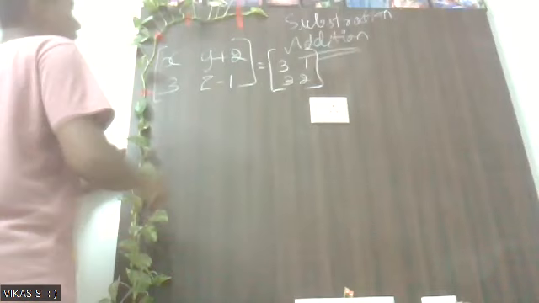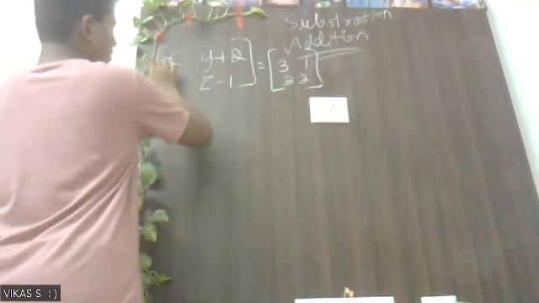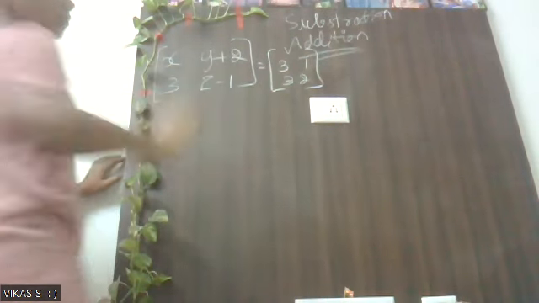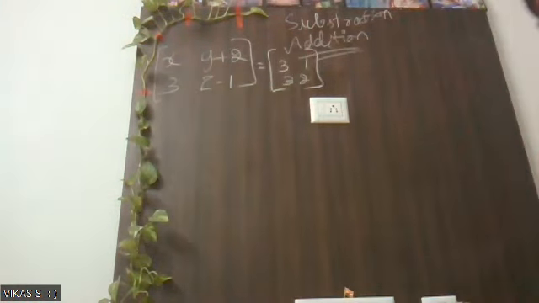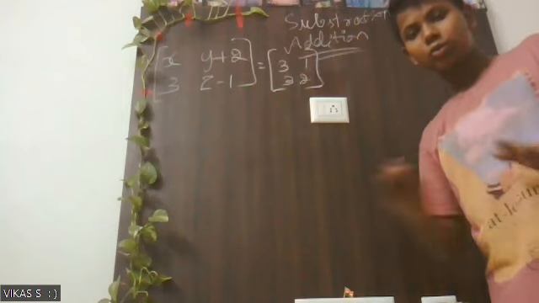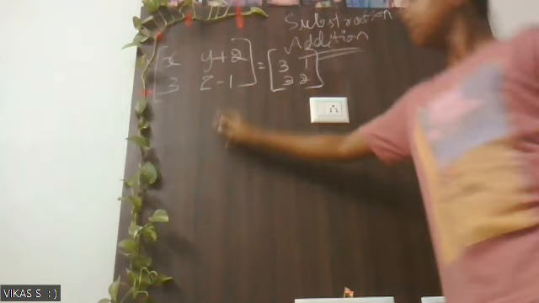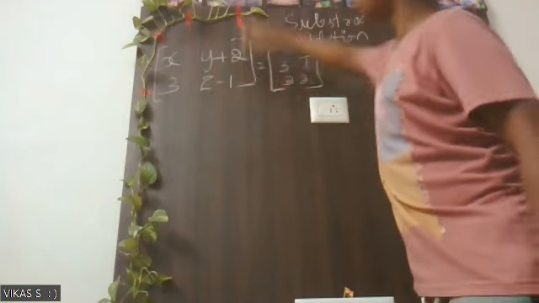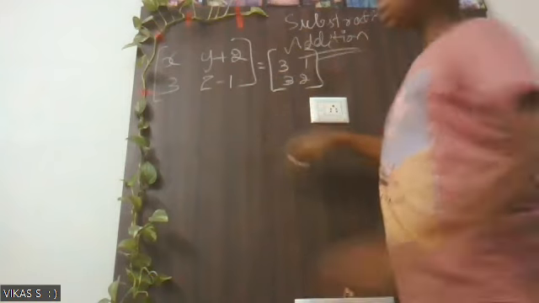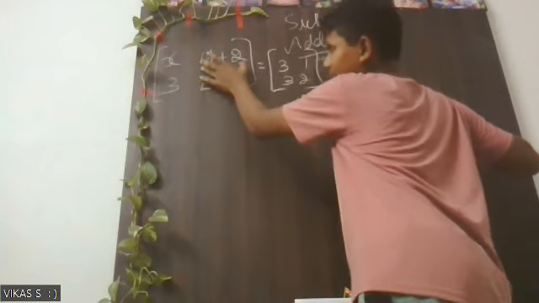First of all, for your reference, you have to always see the m into n. So what is m into n in this? First, m into n is 2 into 2, 2 columns, 2 rows. See, these were together, not different.